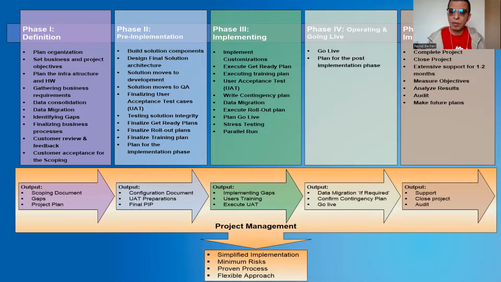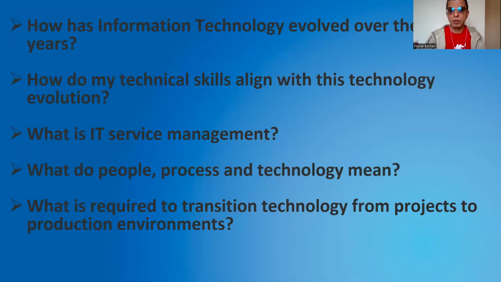And then you don't leave it like this, you get the sign-off during the post-implementation and close the project, but you also look at support and audit. So the project plan should be simplified implementation, minimum risk, proven process, and a flexible approach.